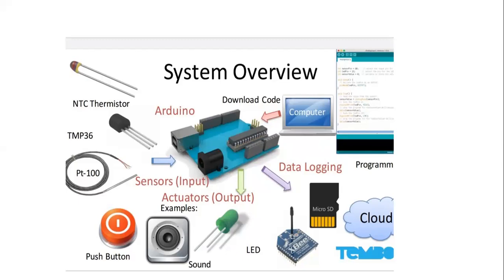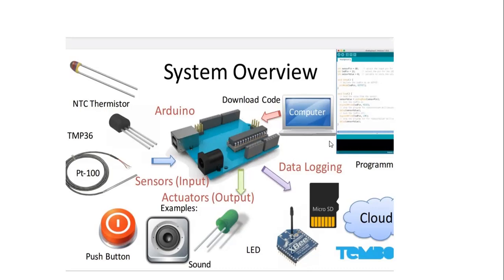In all real-time applications, these are the few set of components that are needed. And in this, one thing is common, that is Arduino. In place of Arduino, you can use different platforms, but in this video, I'm focusing on this Arduino board.